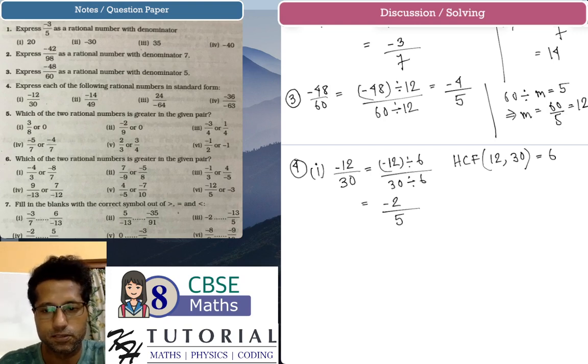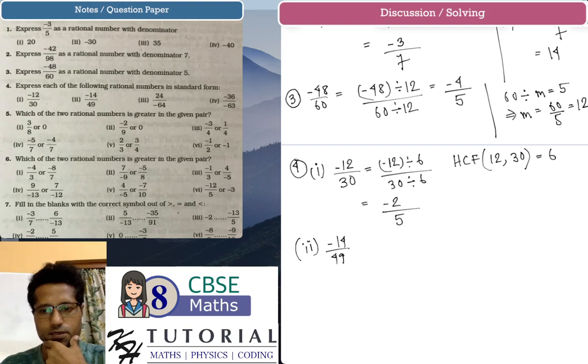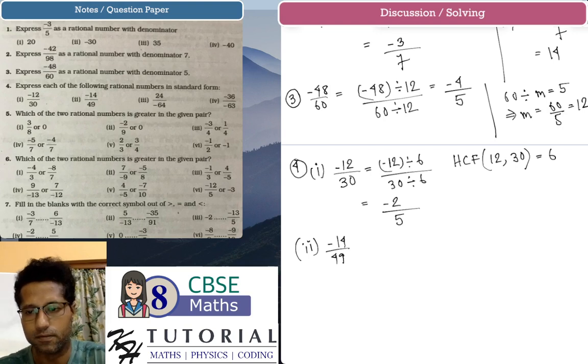Okay, let's see part 2. The rational number we have to convert into standard form is minus 14 by 49. Now first we see that the denominator is positive, that is fine, but the HCF of the absolute values of the numerator and the denominator is not 1.